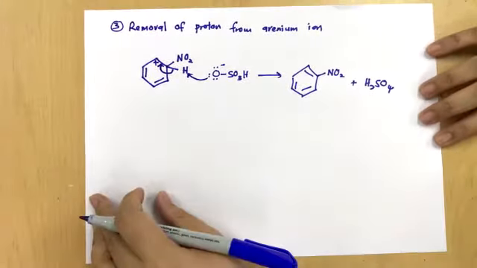So the last part is removal of a proton from the arenium ion. Same as the previous mechanism. So we just show the removal of hydrogen by using Lewis acid.